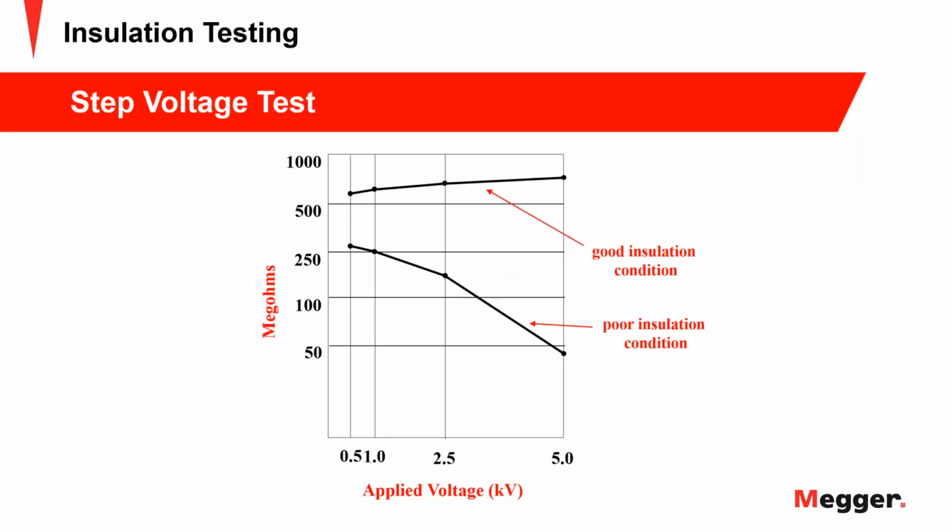It may give you a really good spot reading test, but you put a step voltage test on it, and now every time you increase that voltage, the cracks that have developed in that insulation pull more leakage through, more cracks, and your value drops. And so you can really spot it in things like motor windings. A step voltage test will give you a good way of recognizing these impending problems that may soon be breakdown.